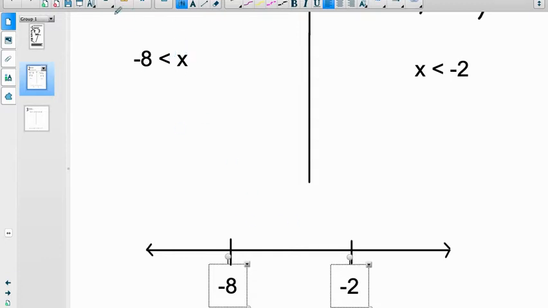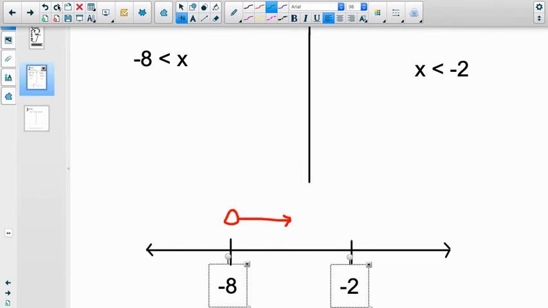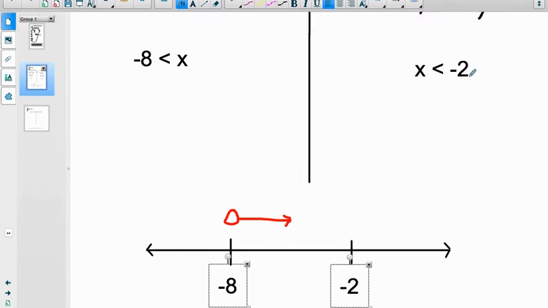Greater than is going to the right. And since it's strictly greater than, it's an open circle. And then we have x is less than negative 2. Less than is going to the left. Once again, an open circle going that way. Now you could also see this shown in the green. It's showing the same thing with the open circle shaded in between an open circle.